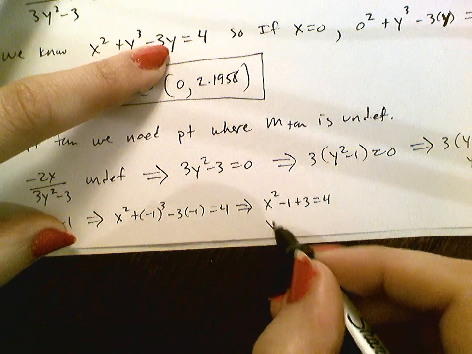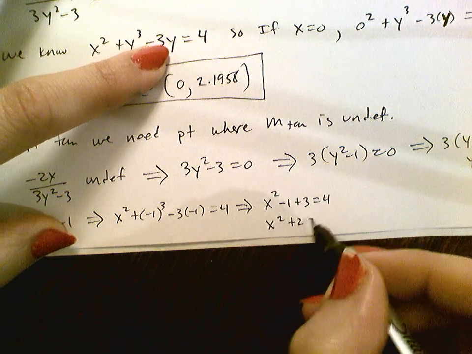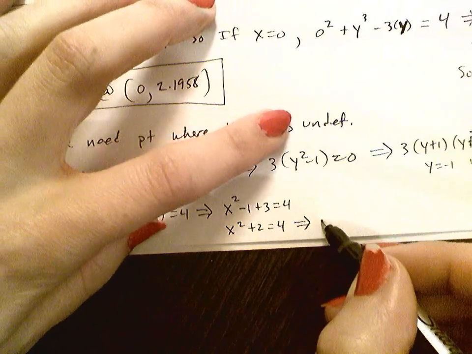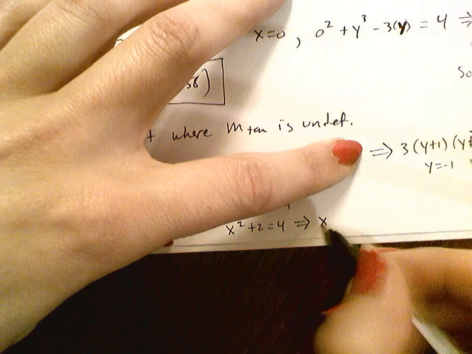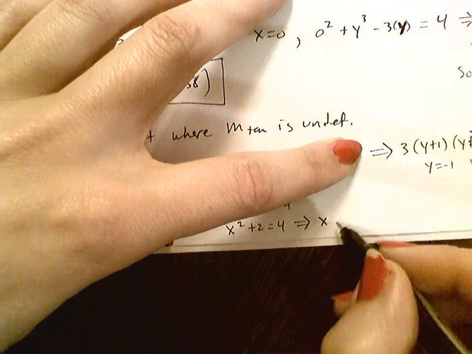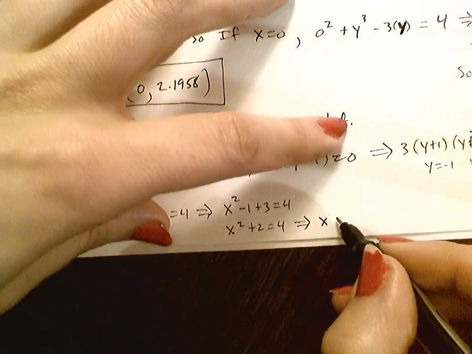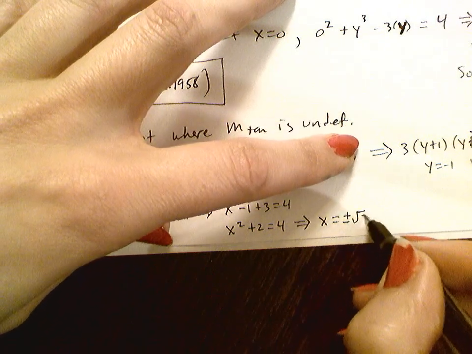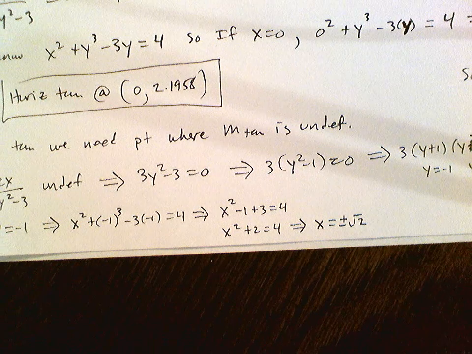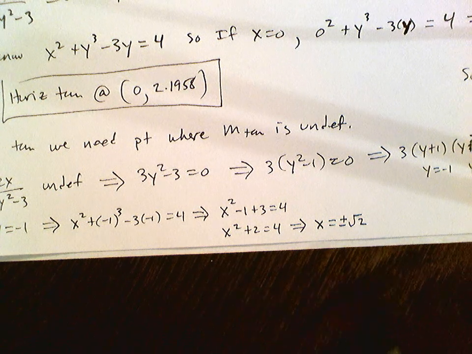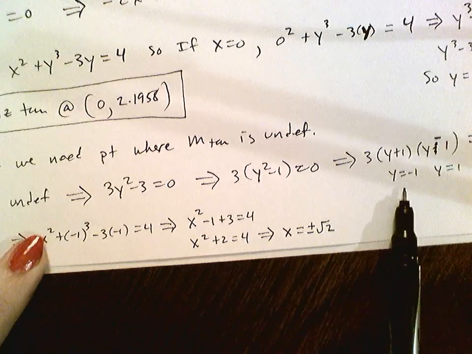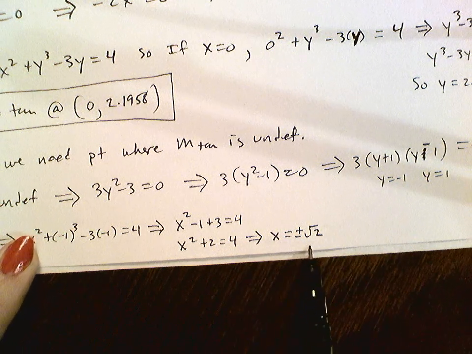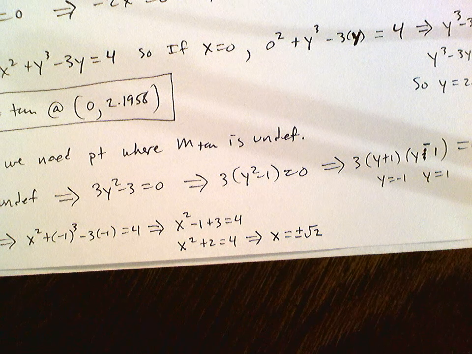So this is x squared plus 2 equals 4. So you're going to end up with x squared equaling 2. So x is plus or minus the square root of 2. Oh my gosh. So for this y coordinate of negative 1, we're going to have these two x coordinates. So we're going to have 2 points.